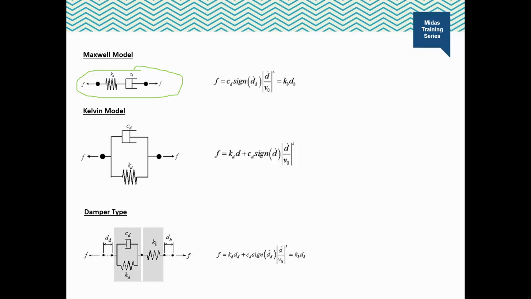And then the second model we have is the Kelvin model. The Kelvin model consists of a linear spring and a viscosity damper connected in parallel, and this is used for solid viscoelastic device analysis. Then the third type we have is more complex and is known as the damper brace assembly model.